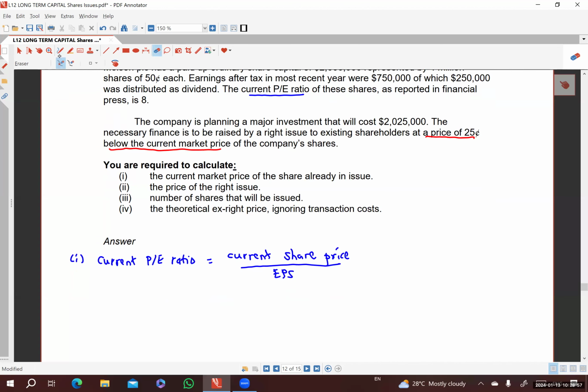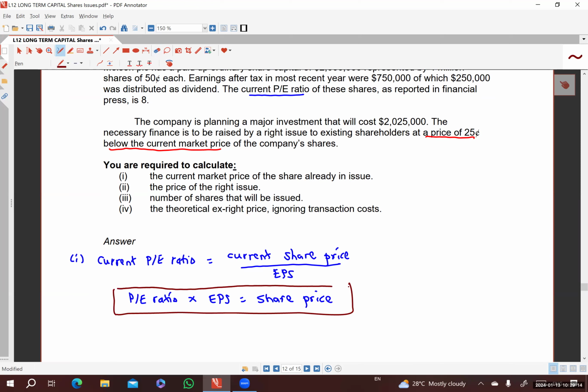Let me put down the equation first. You take the PE ratio times the earnings per share, that equals the share price. From the PE ratio, we can find the share price. This is something very common in your FM exam. Share price is PE ratio times EPS. PE ratio is 8 times from the question.